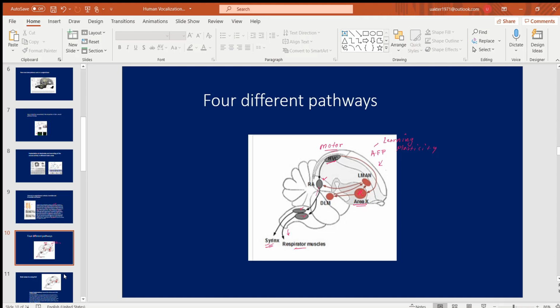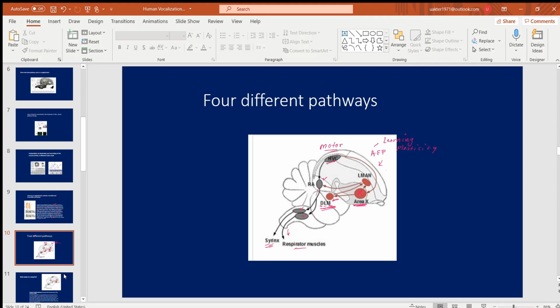In humans we have the basal ganglia, which is similar to area X, and then another area is DLM. The area DLM is the medial portion of the dorsolateral nucleus of the thalamus. Okay, so dorsolateral nucleus of the thalamus, which portion? The medial. So DLM, dorsolateral medial of the thalamus.